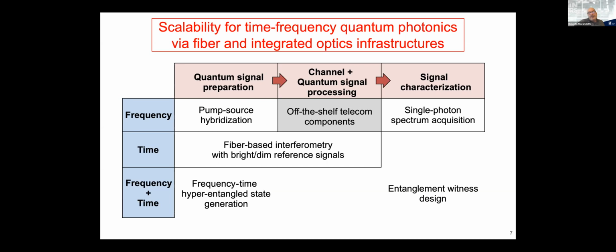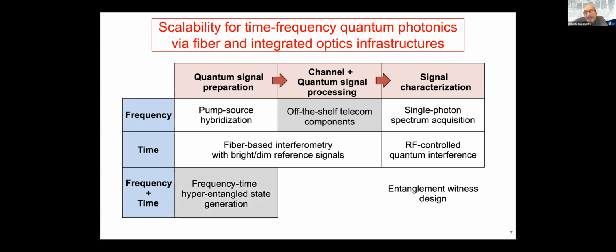If you look at the time degree of freedom, we need to introduce new kinds of components like very high precision interferometers, and then we can do the detection by using RF controlled quantum interference. And then we can combine the two degrees of freedom to create entangled states, of course, again in the discrete domain, to perform coherent control of frequency-time states.